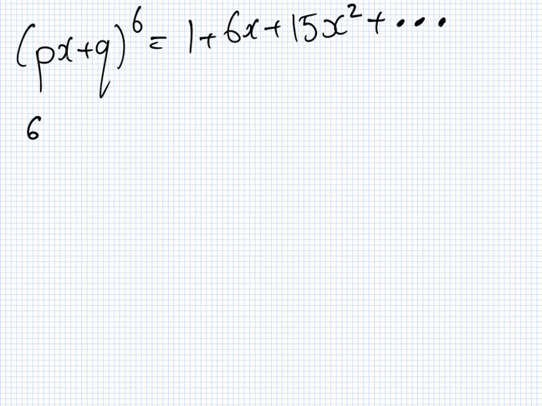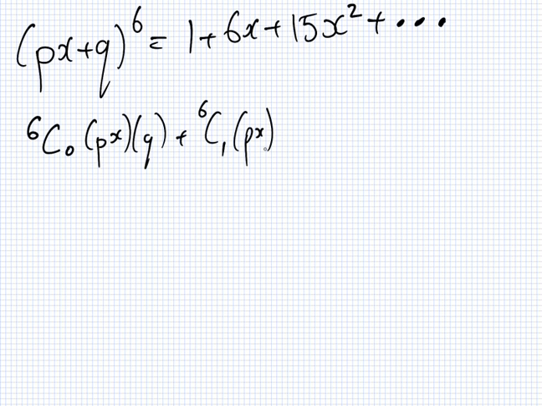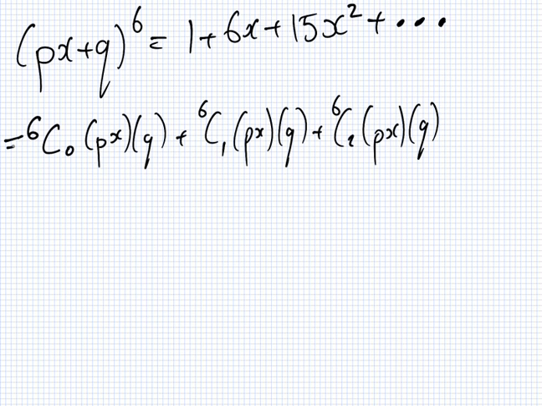Okay, so if you expand here, it is, we'll just do the C part, 6C0, there's a PX, and there's a Q, plus 6C1, there's a PX, and there's a Q, plus 6C2, there's a PX, and there's a Q, etc. But what I'm trying to do is I'm trying to match it up to the answer. So is there any x in the first part of the answer? No. So I should put a 0 here and a 6 here.